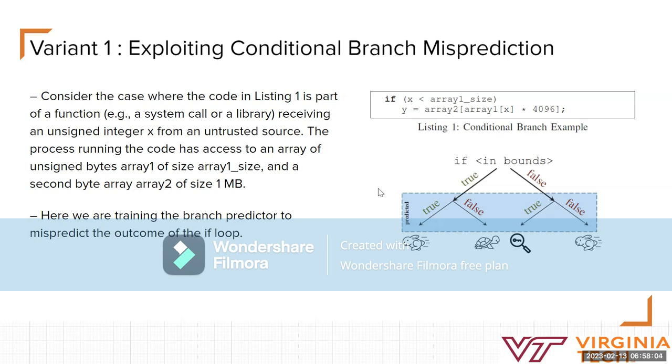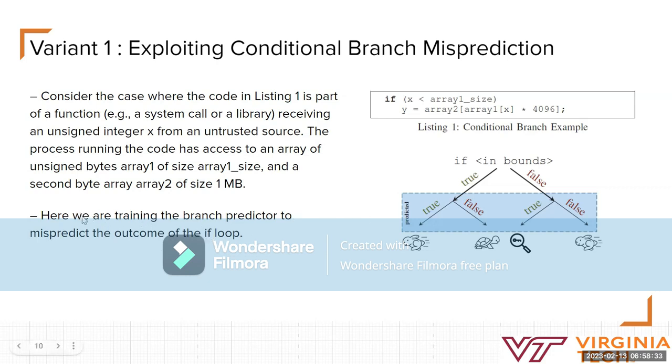So at a later iteration, my if statement is actually supposed to be false, and it is going to be false, but by the time the processor realizes that it is false, it has already speculatively executed a host of instructions and already made a lot of changes in the physical parameters.